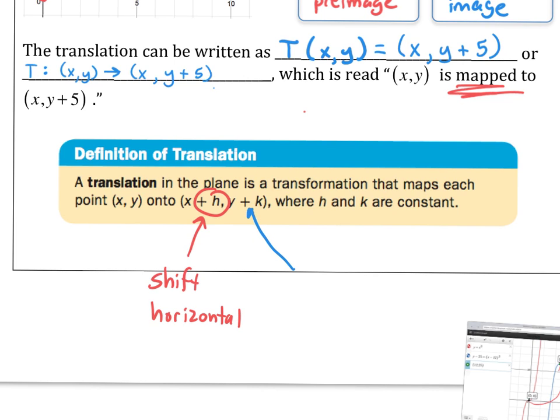And this is going to be a vertical shift, up or down. And notice here that it says that h and k have to be constant. We're not going to be changing them as we go. So any change to h shifts the whole thing left or right. Any change to k moves the whole thing up and down.